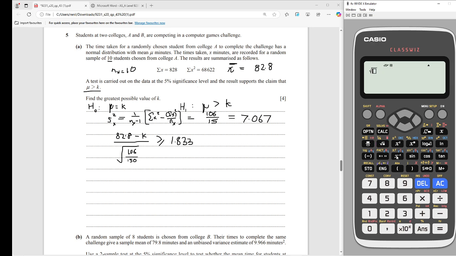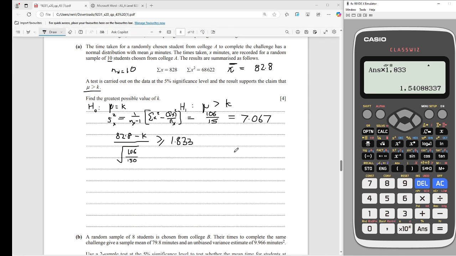This 1.833, okay, let's root the values and multiply this with 1.833, right? So that we have here, when you simplify it a bit more, it's going to be greater than or equal to 1.541.